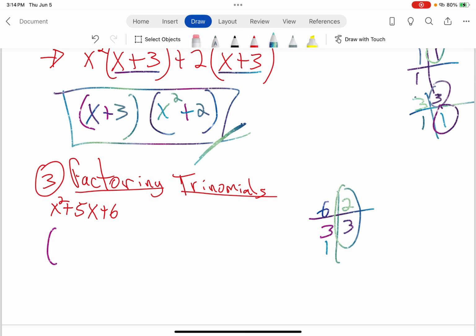As you know that x squared is the same as x times x, you will have x squared in two parts: one parenthesis here, and then the other parenthesis here.